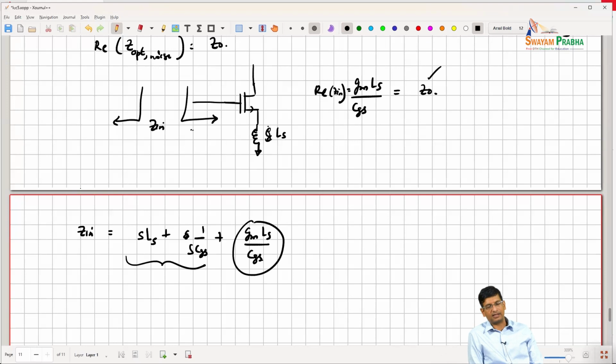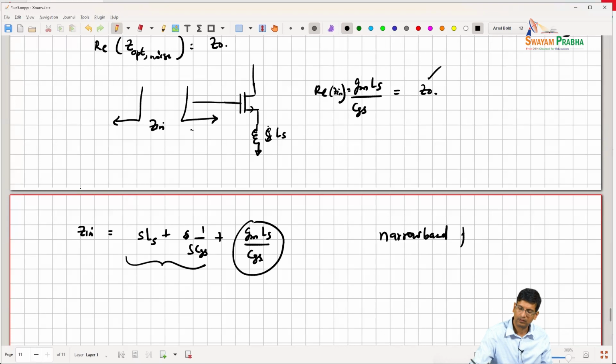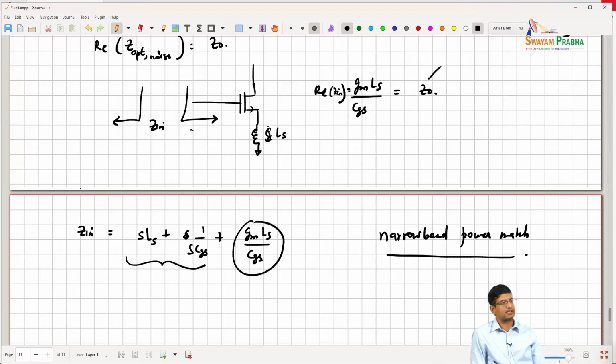As a result, what I have is a narrow band power match. So this kind of source degeneration LNA is a narrow band LNA, but you can get quite low noise figure using this topology. And while it is narrow band, you can think of the Q as basically of the order of Ls omega over Z naught. That is a sort of Q.